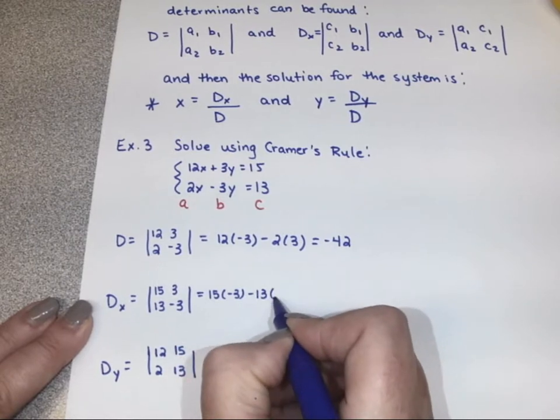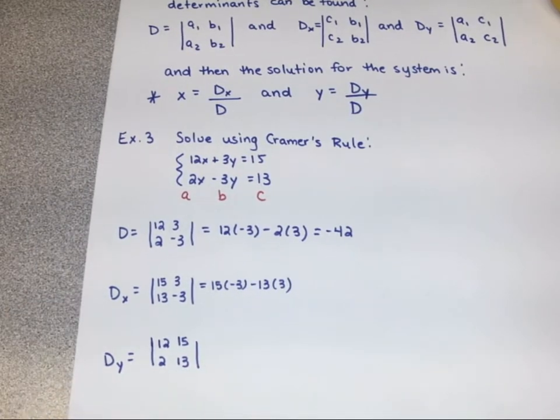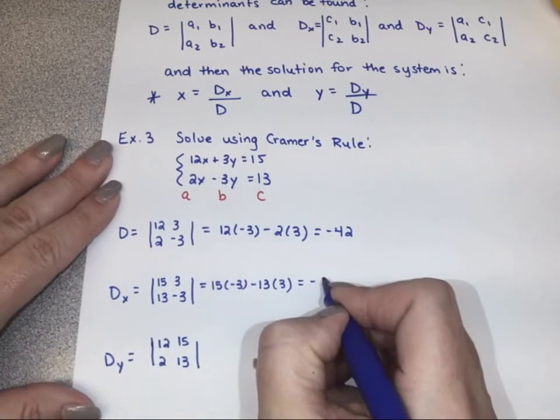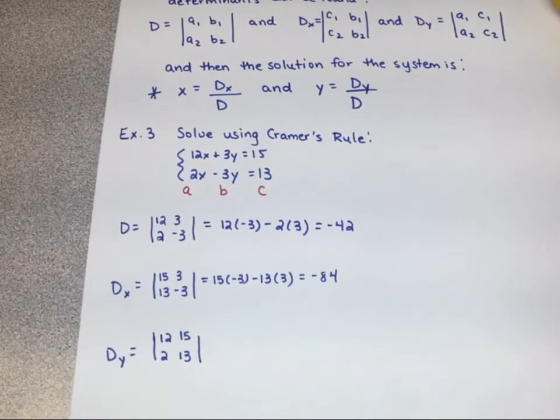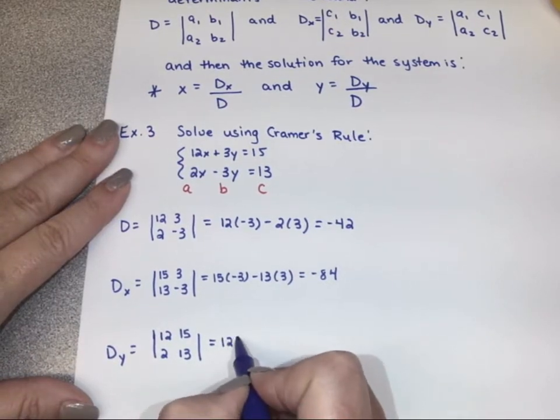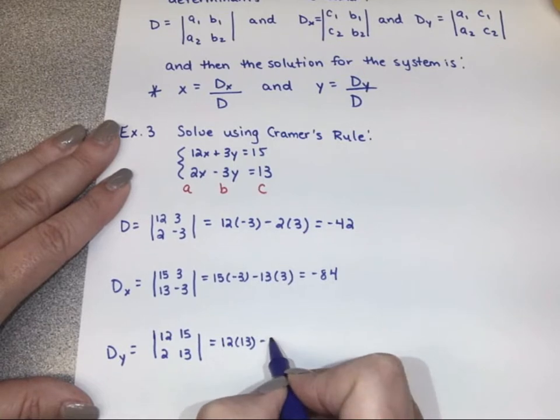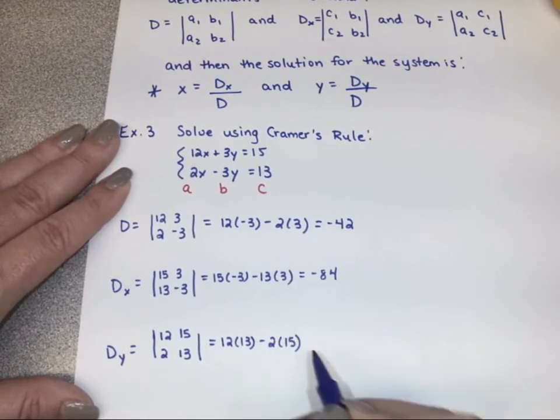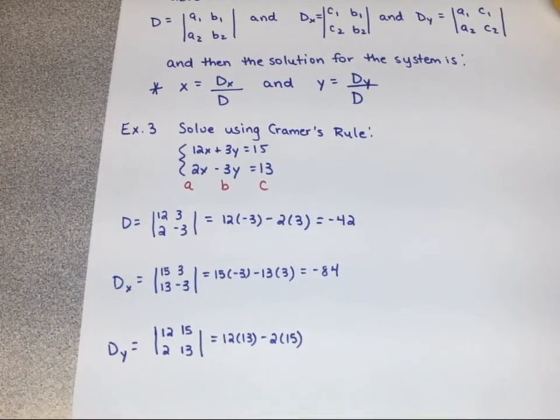So minus 13 times 3. So negative 45 minus 39, maybe we'll use a calculator, but just watch your signs. So that'll be negative 84. And then last but not least, and then I'll be ready to find my answers, 12 times 13 minus 2 times 15. So 12 times 13 is 156, minus 30 is 126.